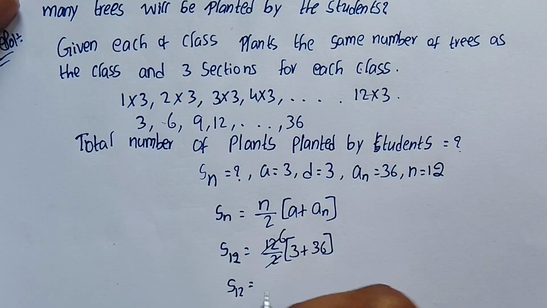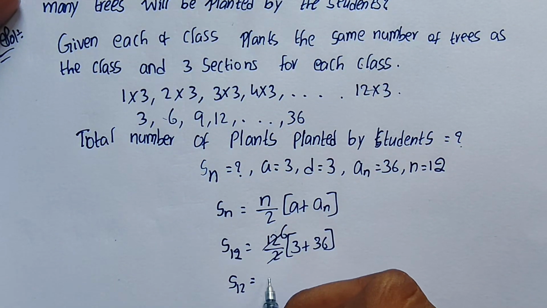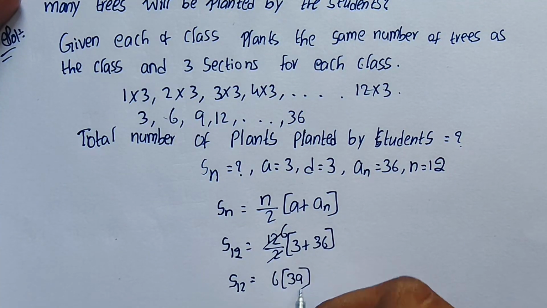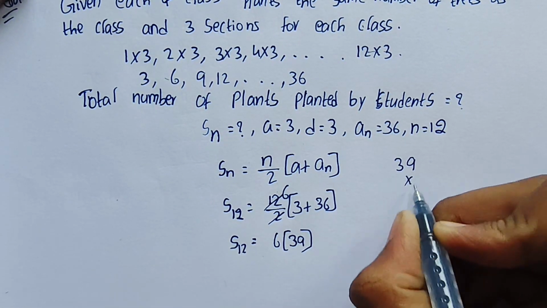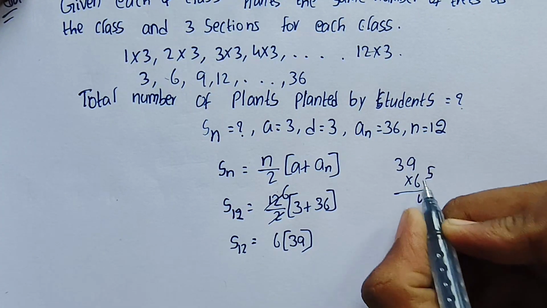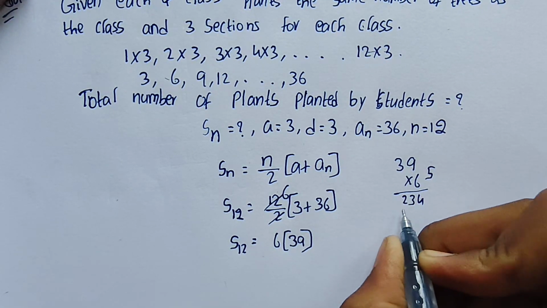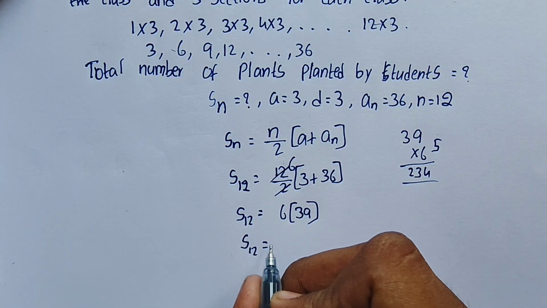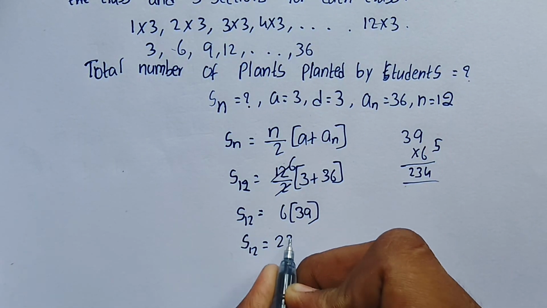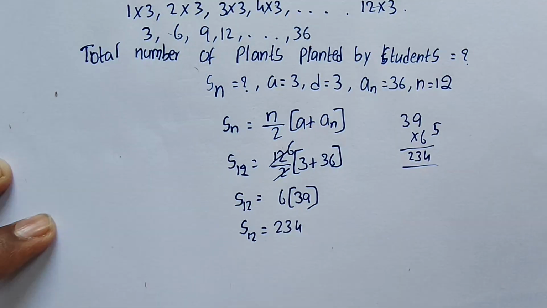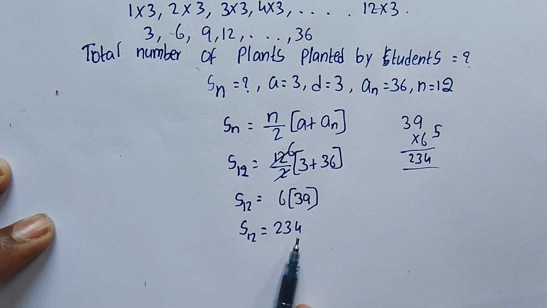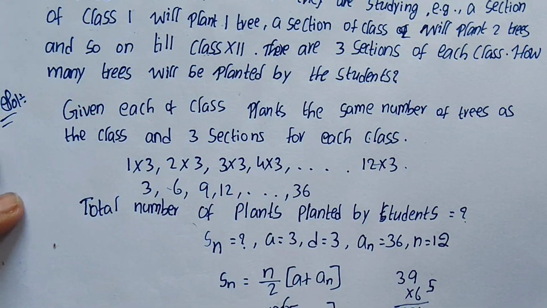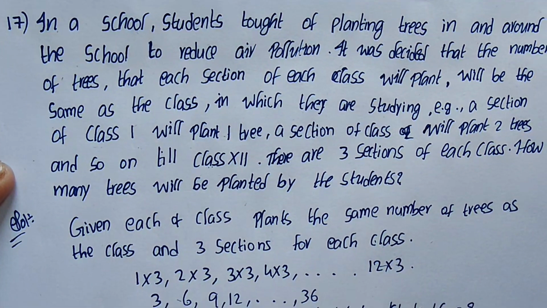The sum of 12 classes of planted trees equals 6 into 39. 39 into 6: 6 nines are 54, 6 threes are 18 plus 5, 23. So the sum of 12 terms, means the sum of 12 classes of planted trees, equals 234. So 234 plants are the total plants planted by the students in that school. So we have completed the 17th question. Now let's go to the 18th question.